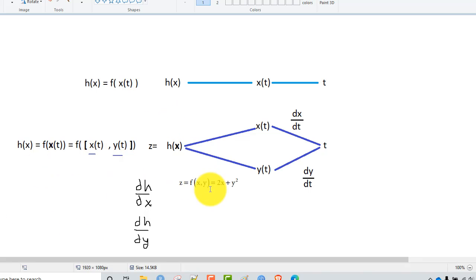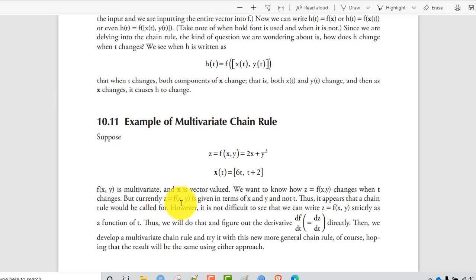Now we also have to explain how x and y both depend on some variable t. So let's check that in the text. So remember, x and y can be written as a bold x, and then we're suggesting that it depends on t, and that means that the bold x means there are two components, so we have to explain how each component depends on t, and here we do that.